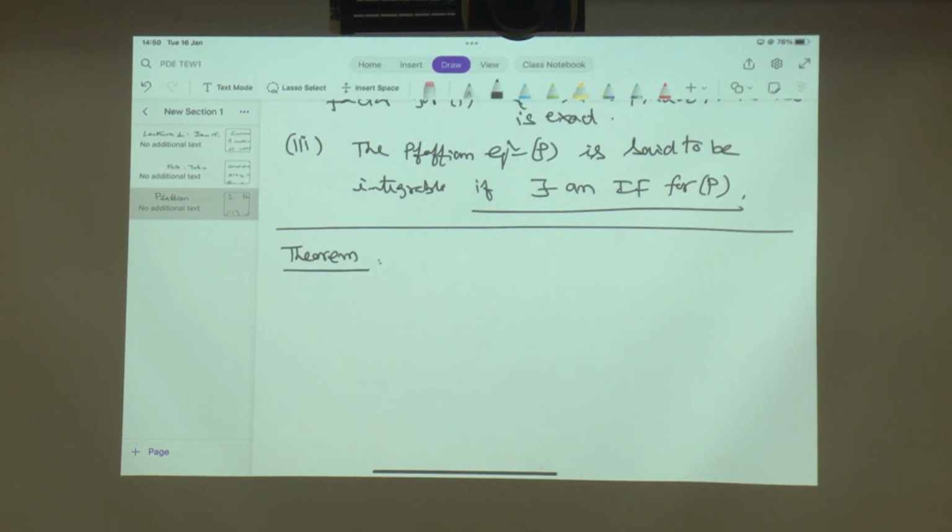So consider the Pfaffian equation in three variables: p dx plus q dy plus r dz equal to 0, where p, q, r are, as in all standard hypotheses for our course, C1 functions, and simultaneously all of them don't become 0.